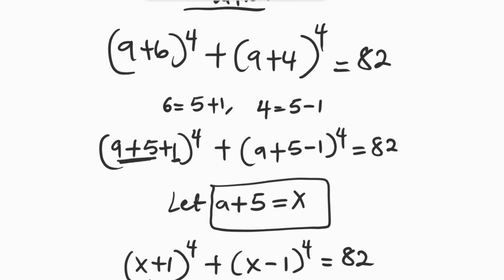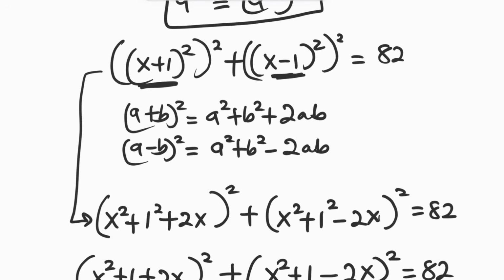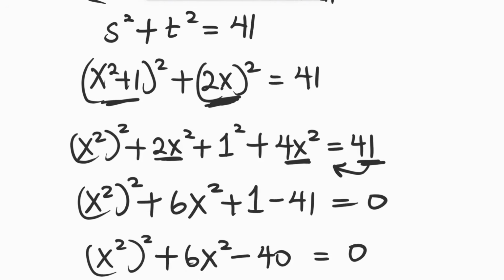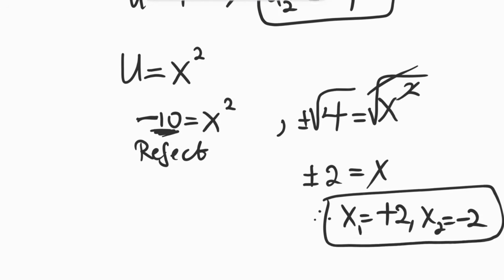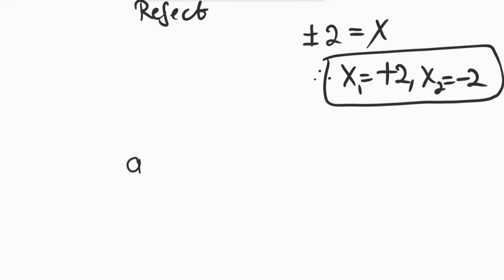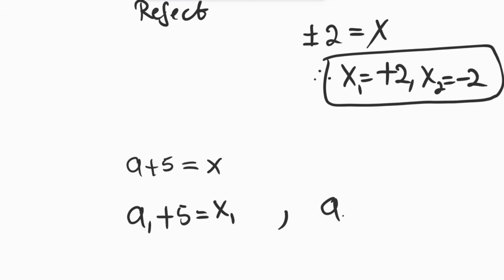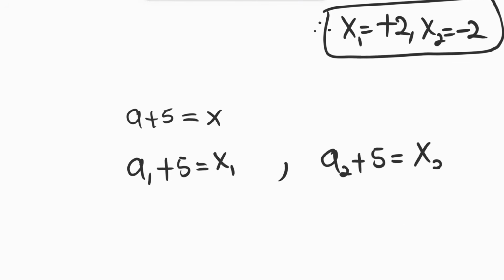So a1 plus 5 is equal to x1, and a2 plus 5 is equal to x2.